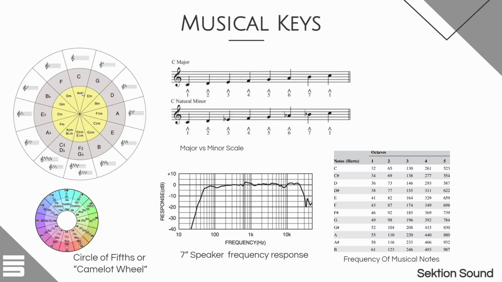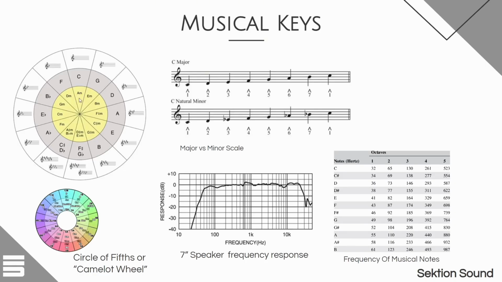And we can see that in this circle of fifths, because if we look at the key signatures as we go across, the difference between A minor and E minor is only 1 note. So as we go from each key around this circle, we're just changing 1 note in that scale. That's why you can mix from A minor to E minor really easily, because there's only 1 note difference. So the chance of that 1 note clashing is pretty low.